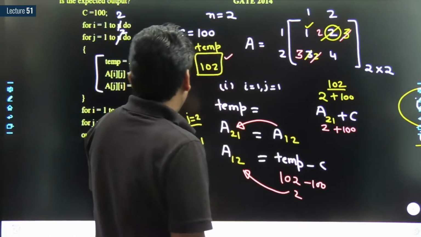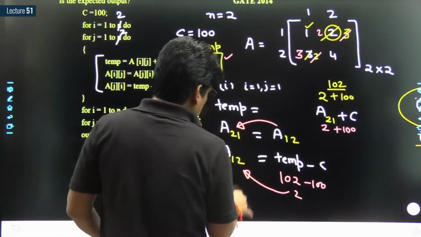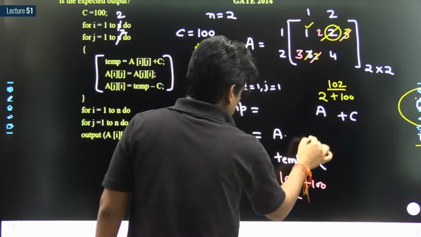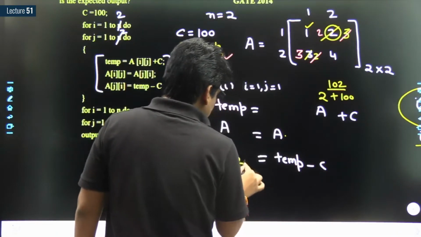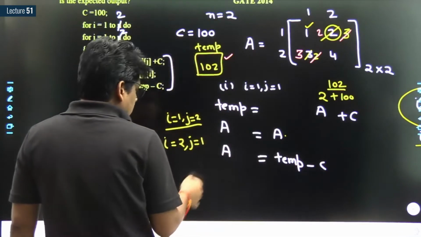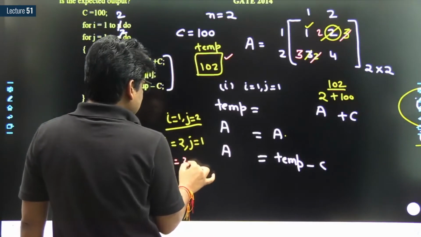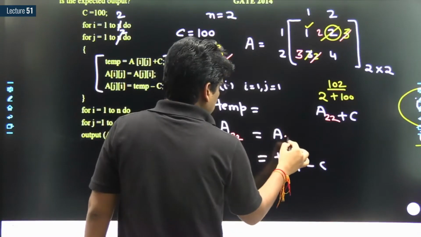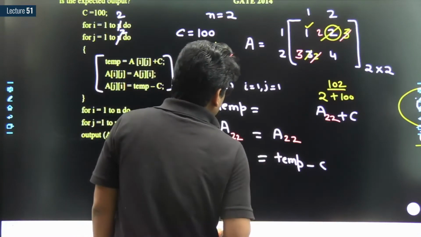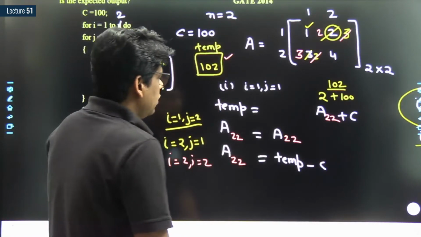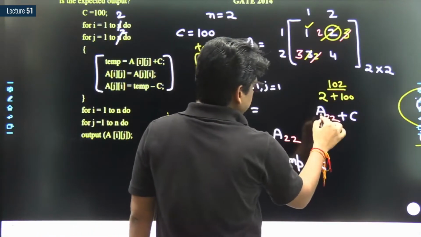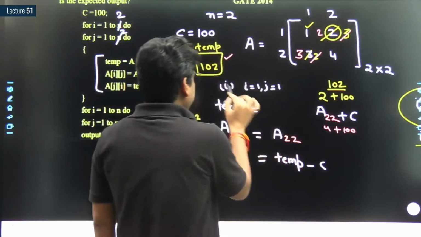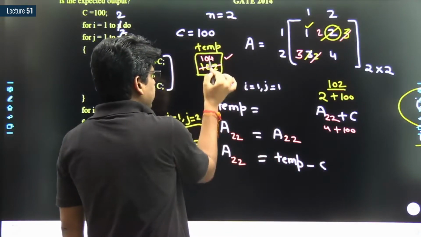Okay, sir. Let me execute the code again for I is equal to 2 and j is equal to 2. So when I is 2 as well as j is 2, we get A22 over here. The value of A22 is 4. So 4 plus constant, that is 100, 104 is stored inside temp.